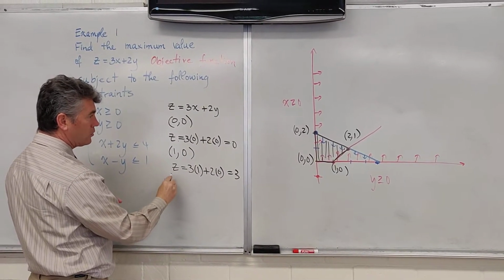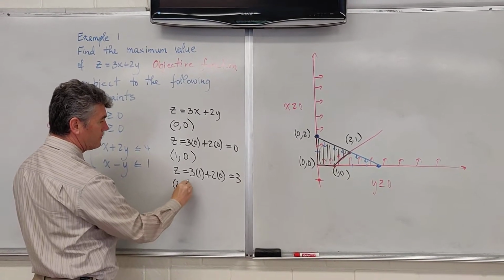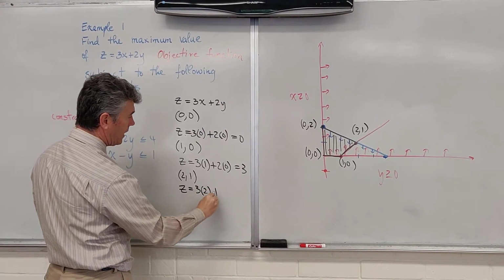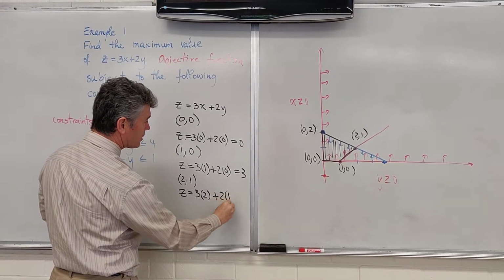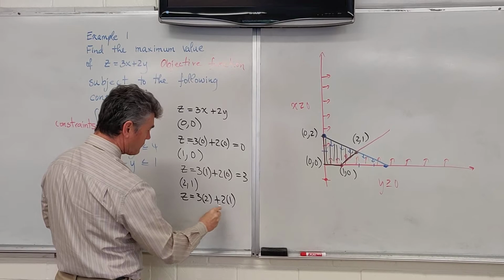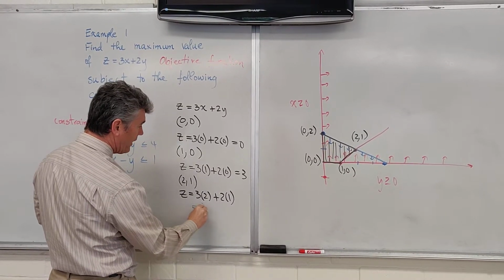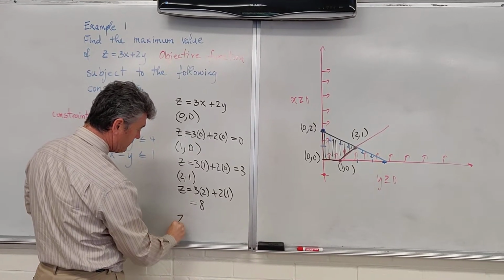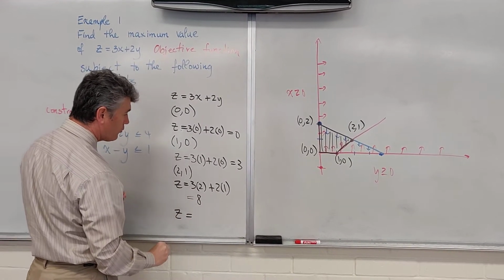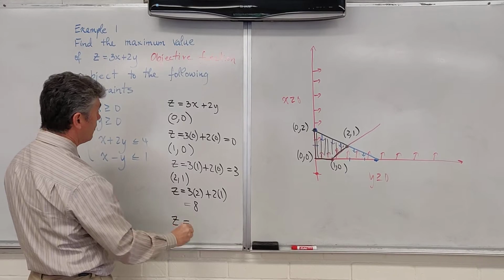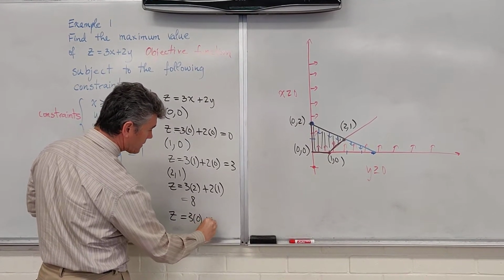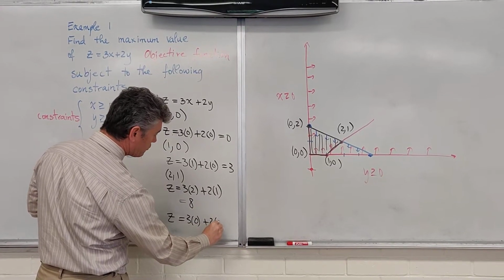Next, we check 2, comma, 1. Z is equal to 3 times 2 plus 2 times 1. This is equal to 8. And finally, we check 0, 2. Z is equal to 3 times 0 plus 2 times 2.